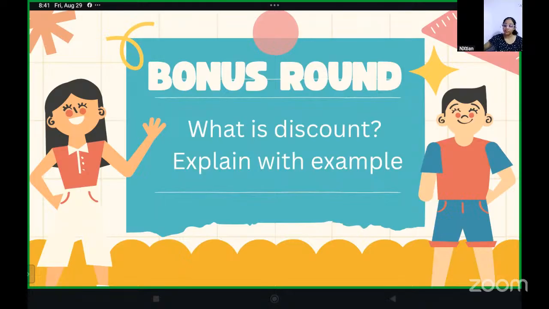Okay, can you give me an example of this thing, Joshua? An example, like if you buy a chocolate for 10 rupees, but then they give you the discount of 5, you just have to pay 5 rupees for the chocolate. Okay, okay, Joshua. Now, one minute.